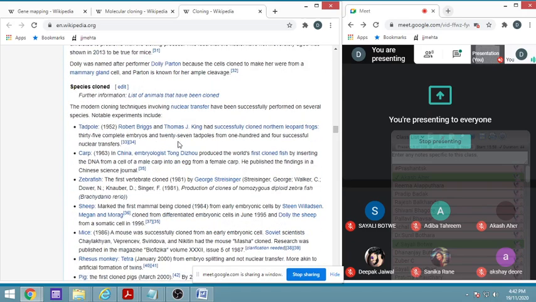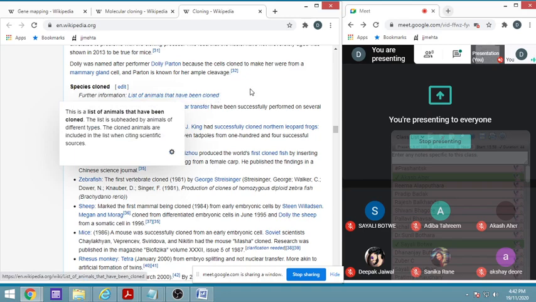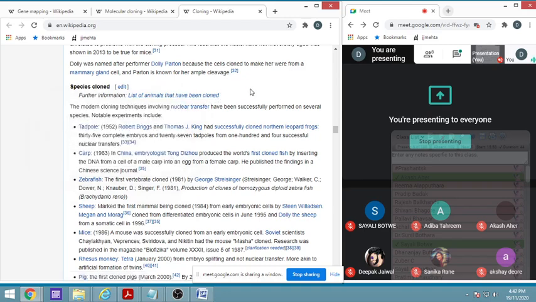Now we can have so many species cloned. You can see the list of animals that have been cloned. Because of this, we have got so many technologies nowadays for nuclear transfer, and every day there are new techniques.